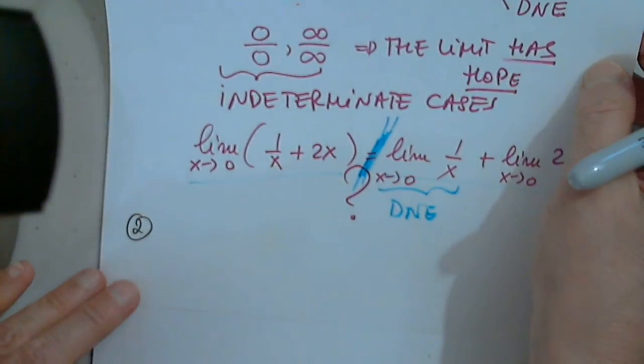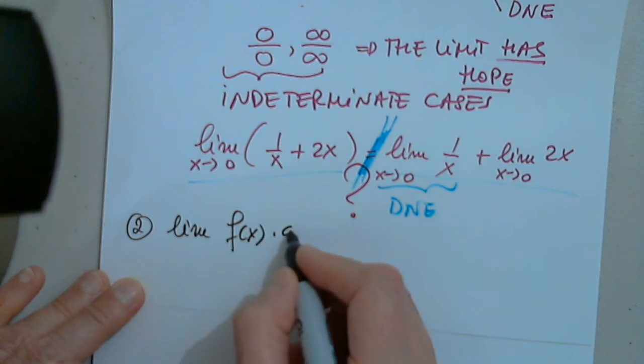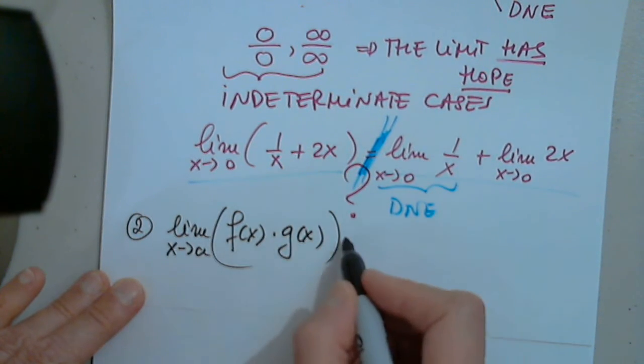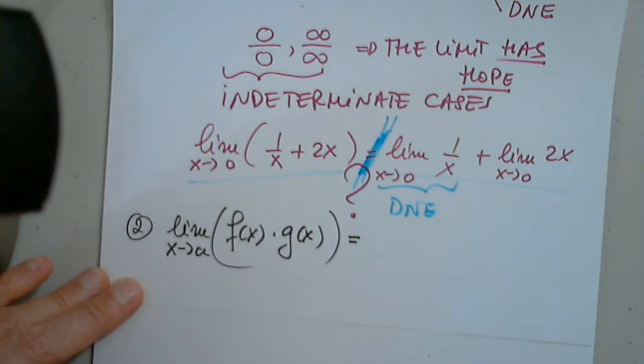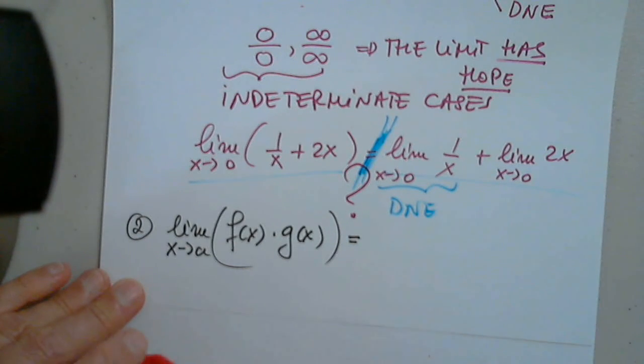Okay, the next one. Limit of f of x times g of x as x approaches a. What do you think this equals to? A wild guess.